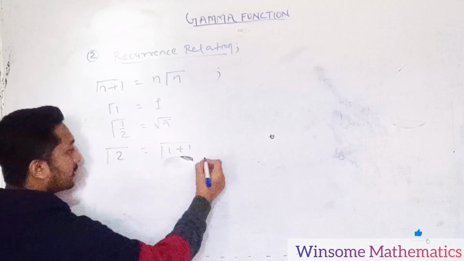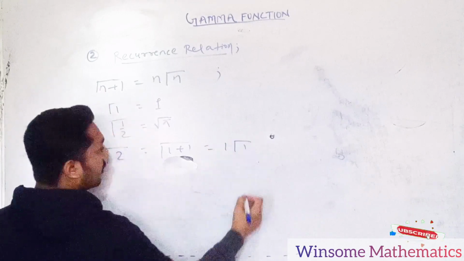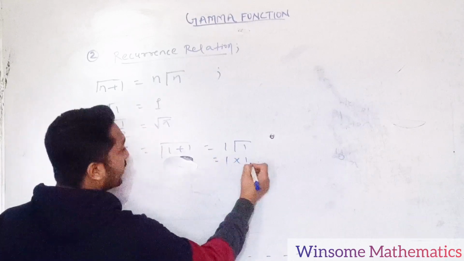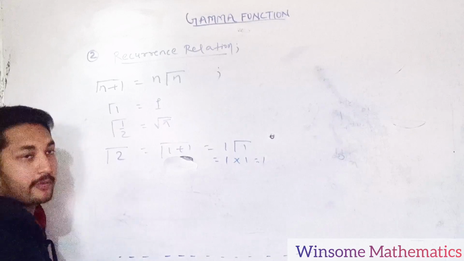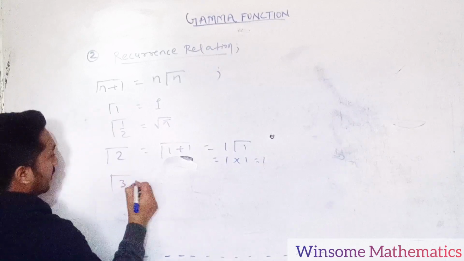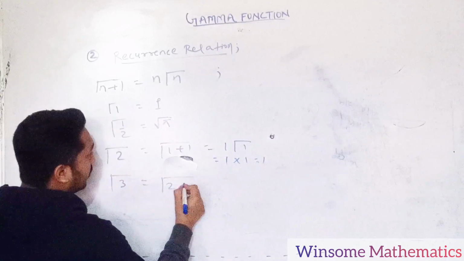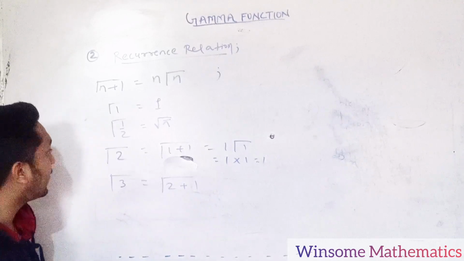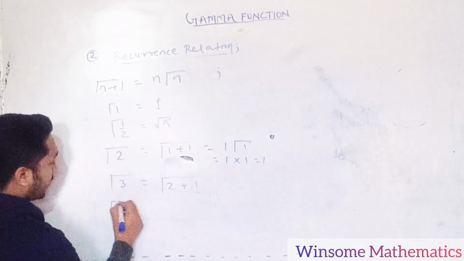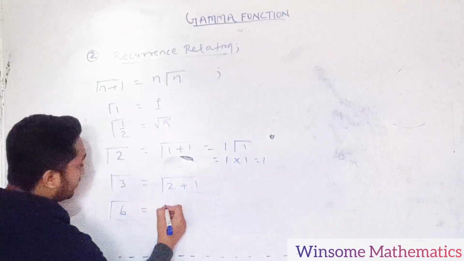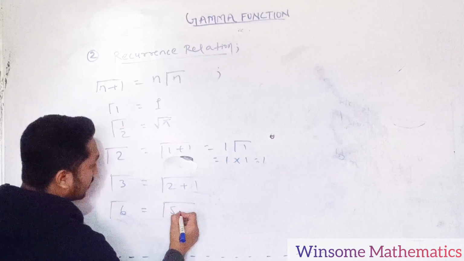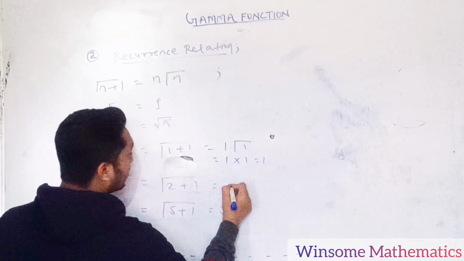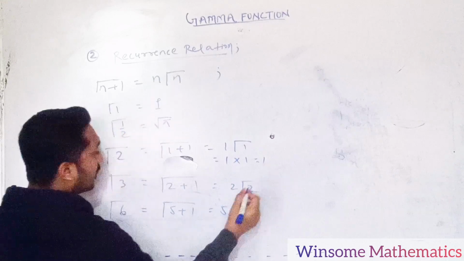We can also write it as 1 gamma 1. That is 1 into 1, that is 1. Simple. We can easily write gamma 3 as 2 plus 1, simple. We can also write gamma 6 as gamma 5 plus 1, so we can easily write 5 gamma 5. This is also 2 gamma 2.